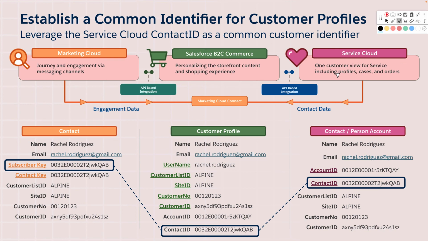Once that data, whether behavioral, transactional, engagement, or order history, is at one place, we can take better actions on top of it and create one unified profile for the business.